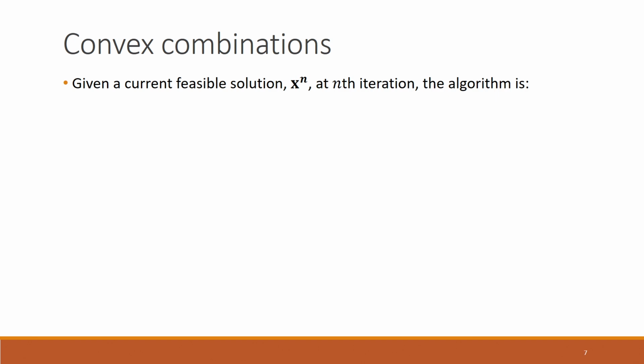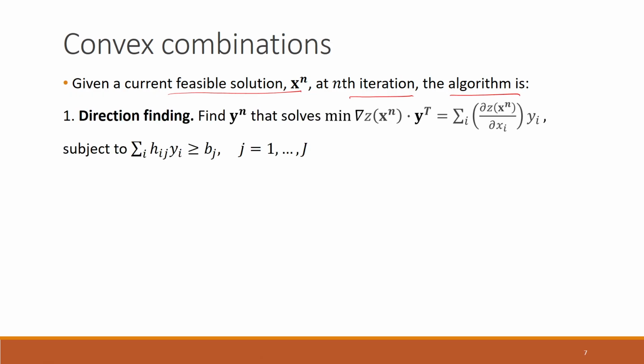To summarize, given a current feasible solution xn at the nth iteration, the algorithm is as follows. First, we determine the direction in which we want to move. That is, we determine yn that solves: minimize the gradient of z at xn dotted with y transpose, subject to these constraints. These constraints ensure that the point y that we are trying to find is a feasible solution.